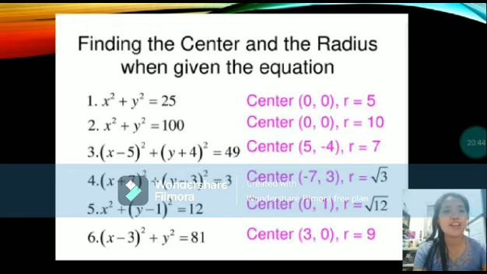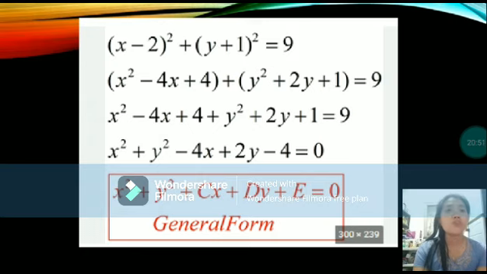Now, let's continue with more examples. We have (x minus 2) quantity squared plus (y plus 1) quantity squared is equal to 9. For example, if we are asked to come up with a general form or general equation of a circle, because we discussed already the standard form of a circle, now let's proceed to the general form.